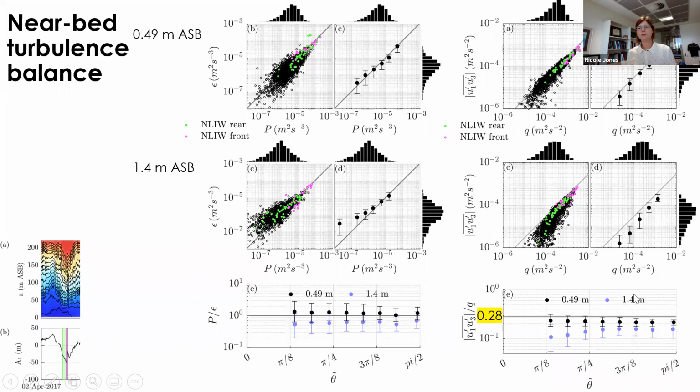So the conclusion of all of this, and also looking at some spectra, is that within half a metre of the bed, we're always within the inertial sublayer, which means a measurement here is a good measurement of the bottom stress, which is a great thing.